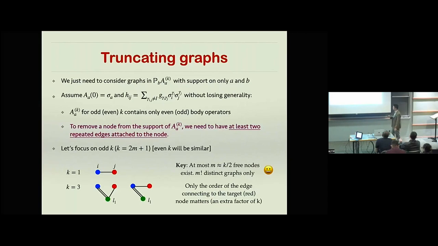But fortunately, you only need to worry about the order of the edge connected to the target node, because for all these free nodes, since you're already summing over the entire lattice, the order does not matter. And the source node, the blue node, has to be your first edge always. So you only need to worry about the last node, which only gives you an extra factor of k and doesn't really create big trouble.